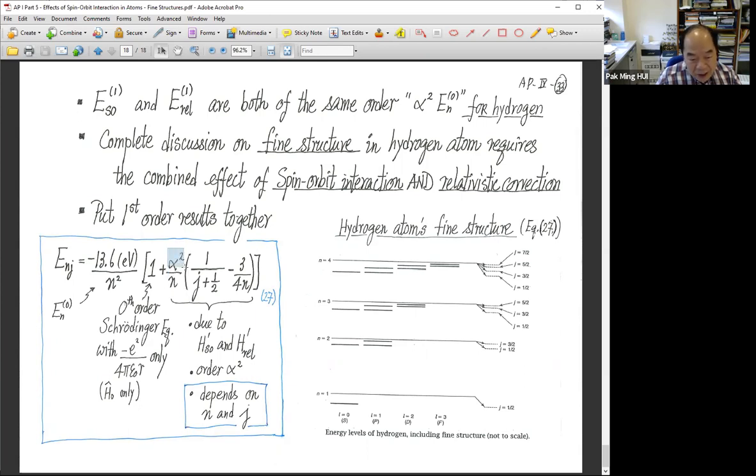We see it is of alpha square multiplied by order 1 quantum number combinations. The most important point is that the whole result at the end depends only on the principal quantum number n and j. Not even on L.